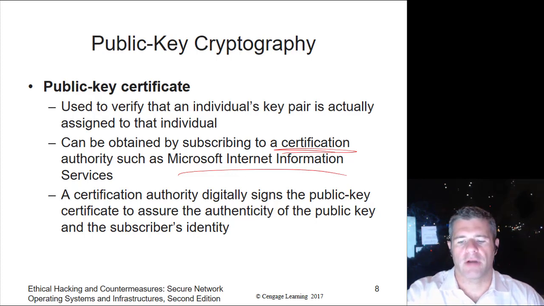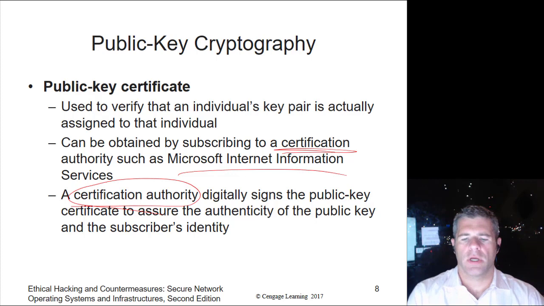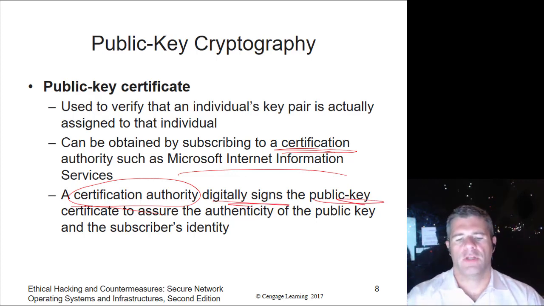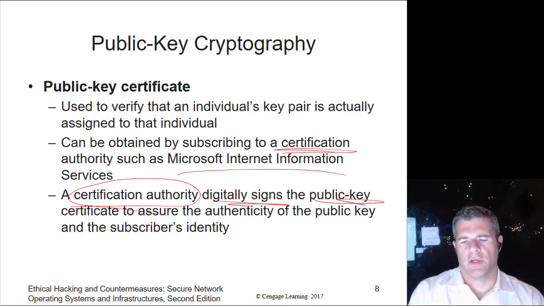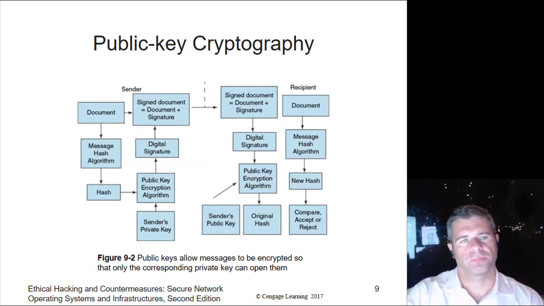If you look at your browser or operating system, there are some pretty sketchy characters in there. Anyway, these certificate authorities, they sign the public key certificate with their private key to assure you, the end user, that public key does in fact belong to who they say it belongs to.